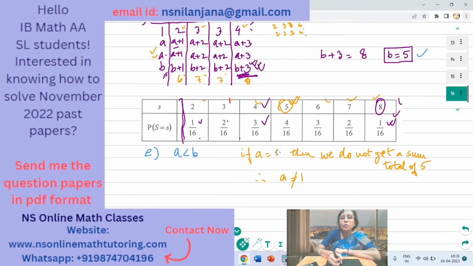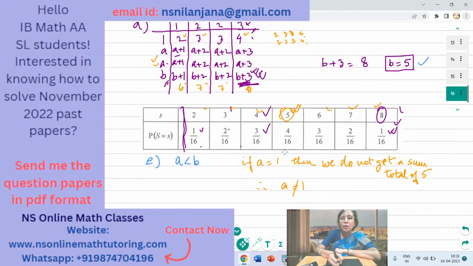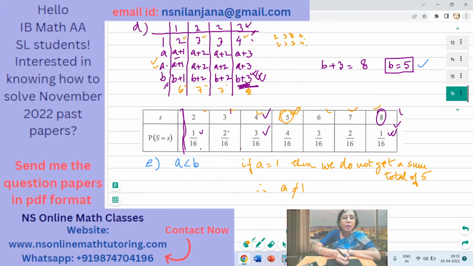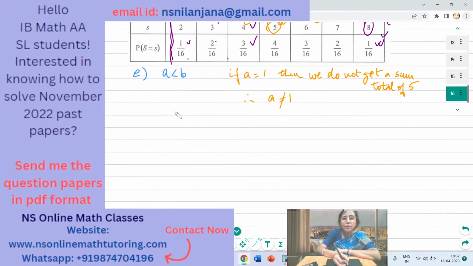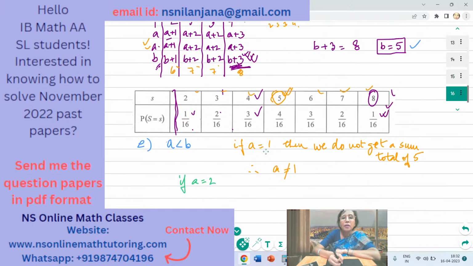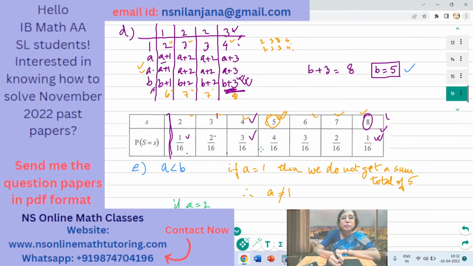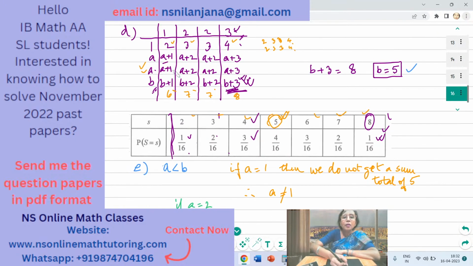What about A equal to 2? If A is equal to 2, write it here. Because 1 is less than 5, B is 5. So 1 is less than 5. Now I am taking A equal to 2, which is also less than 5. Let us see. 2 plus 1 will be 3. 2 plus 2 will be 4, and 5.